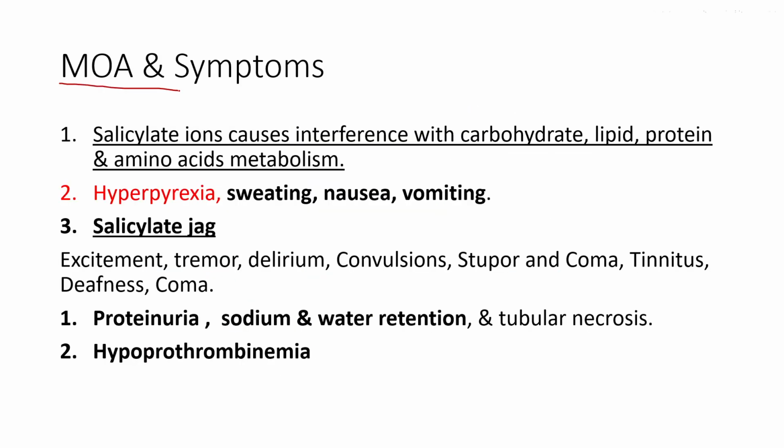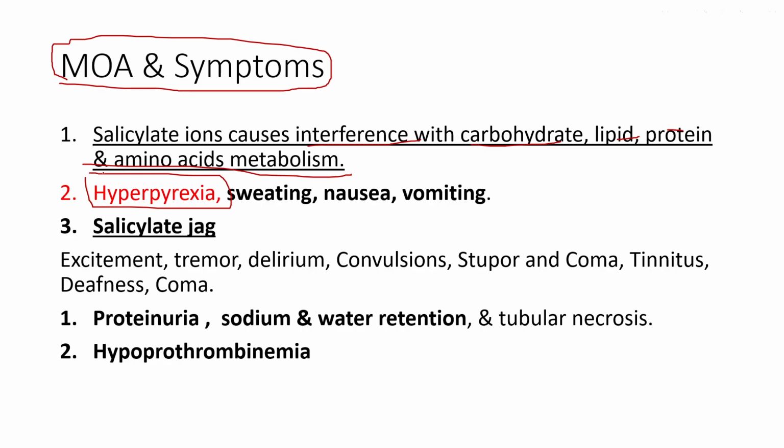The medical importance, signs and symptoms: the mechanism of action is that it interferes with carbohydrate, lipid, protein, and amino acid metabolism. Specifically, it leads to hyperpyrexia, sweating, nausea, vomiting, and salicylate jag. What are these?